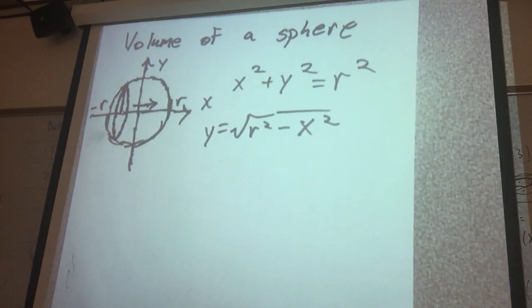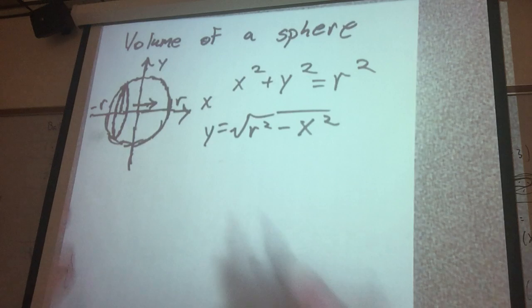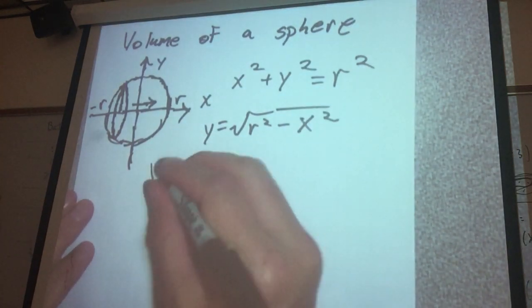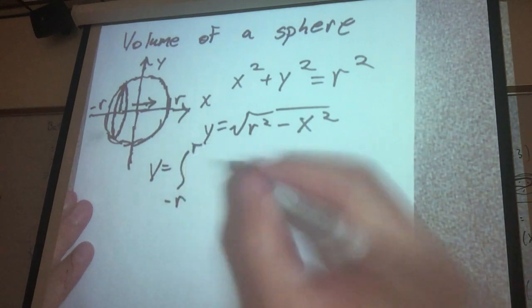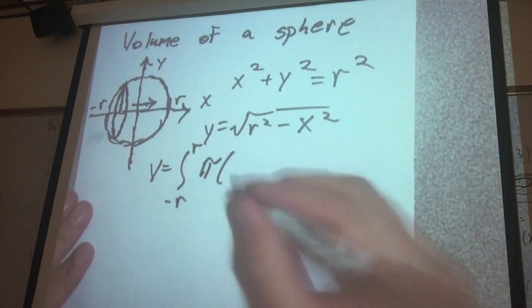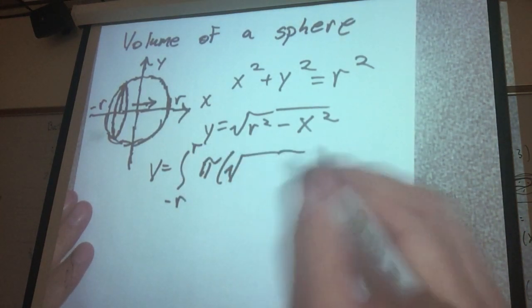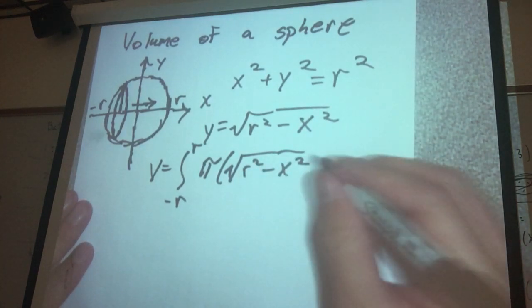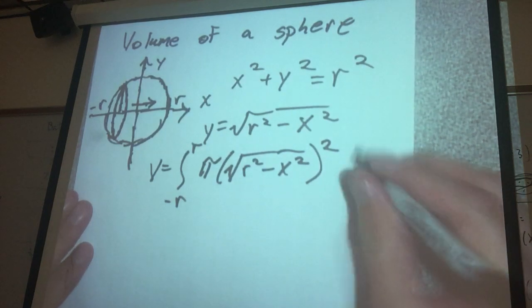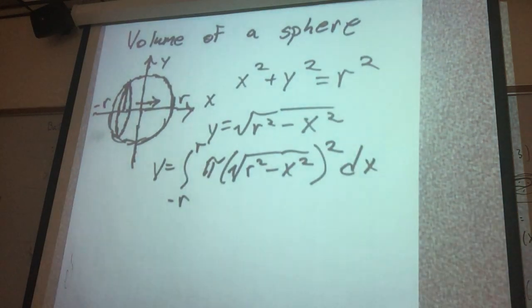So we're going to have the volume of this thing is going to equal, we're going to push them all the way from negative r to r of pi. Now this is going to be the square root of r squared minus x squared, and squared, and this is going to be an integral with respect to x.